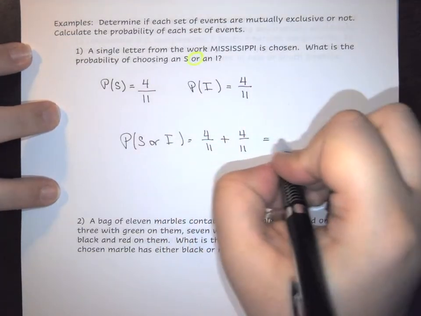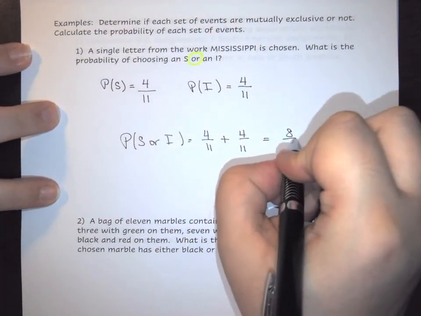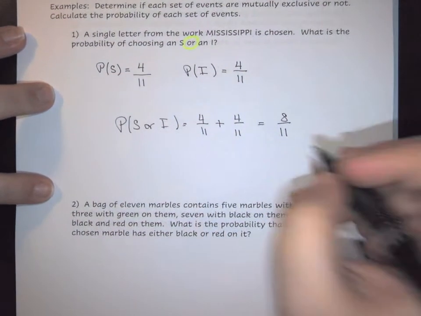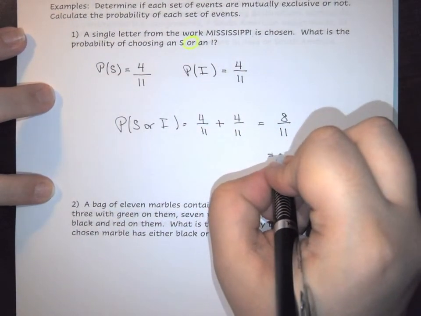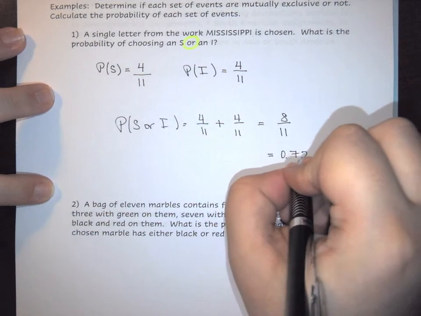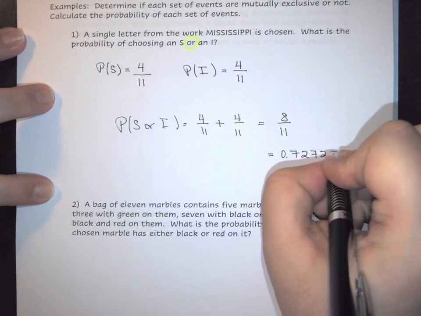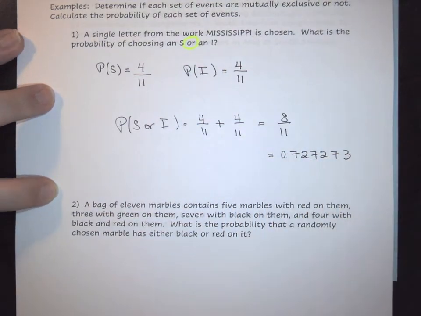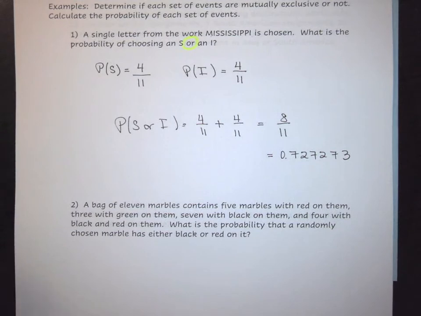Add them up, and this is going to give me 8 out of 11 as my probability, which has the decimal of 0.727273.